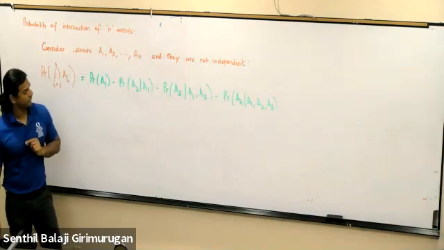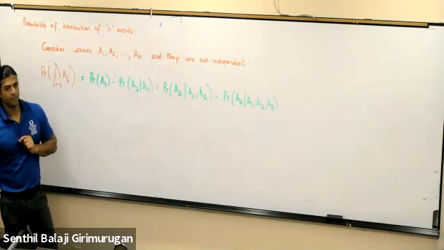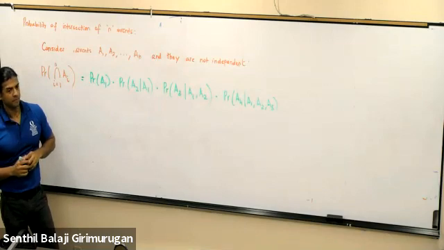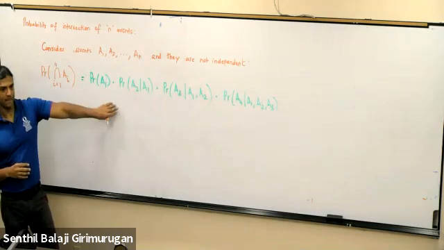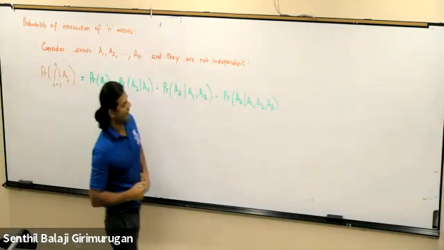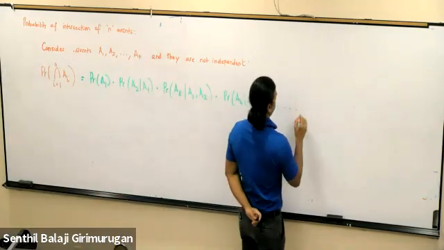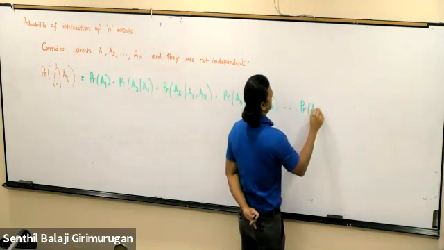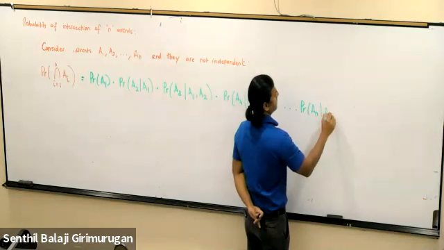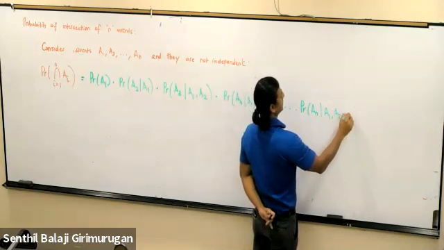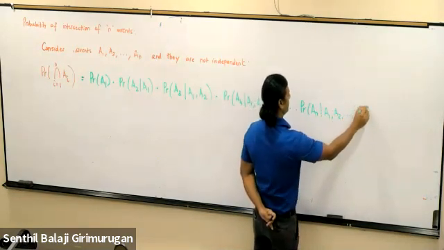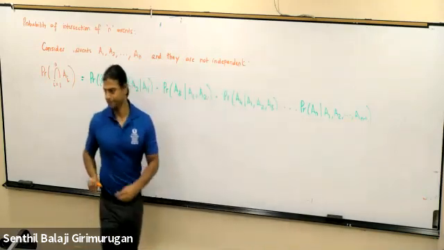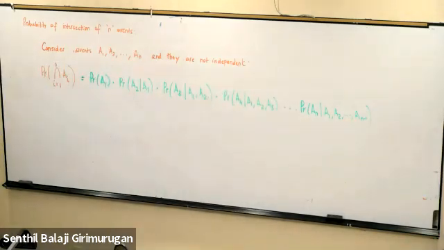Yes. So the A1 comma A2, is that kind of saying the probability of A3 given the probability of A2 given the probability of A1? No, I'm going to explain that with case 3. And it will go all the way up to the last one, probability of AN given A1, A2, dot, dot, dot, A n minus 1.